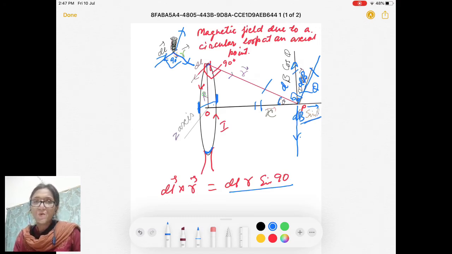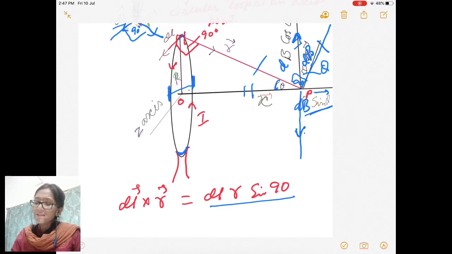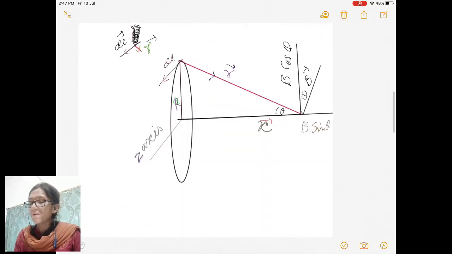So the horizontal components will be added and the vertical components, which are in opposite direction to each other, will be cancelled. So what is the net field? Net field due to dl length element is only dB sin theta.